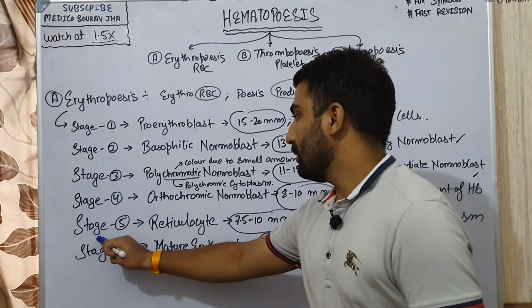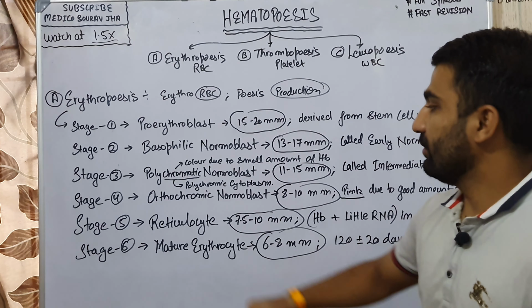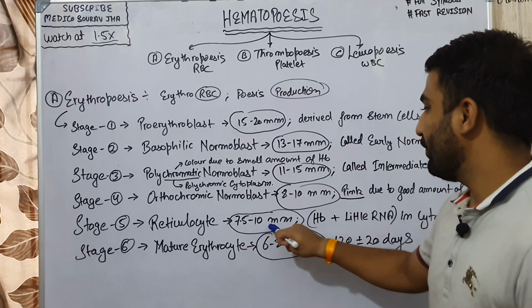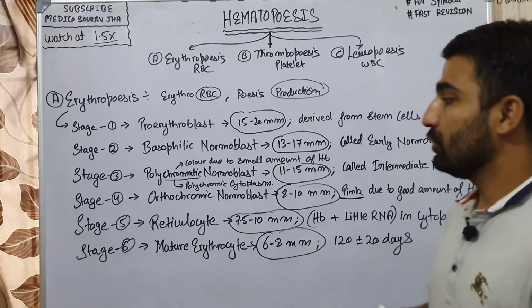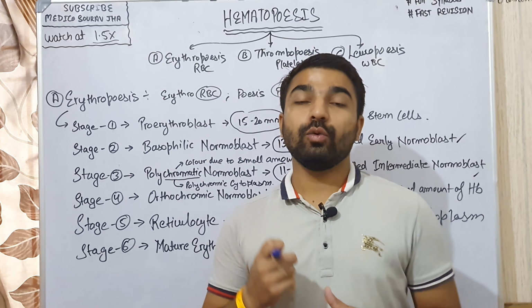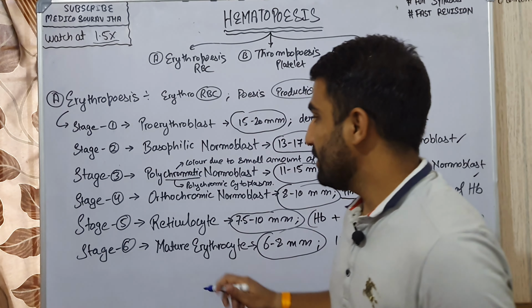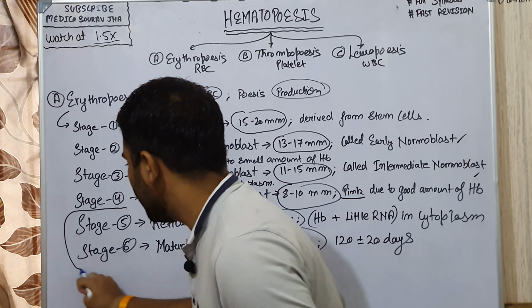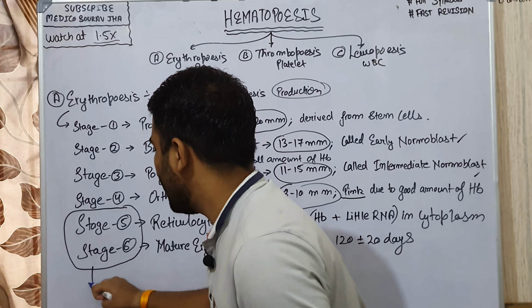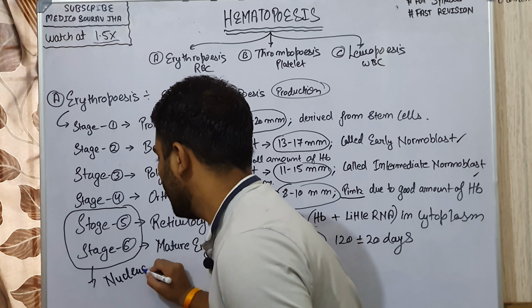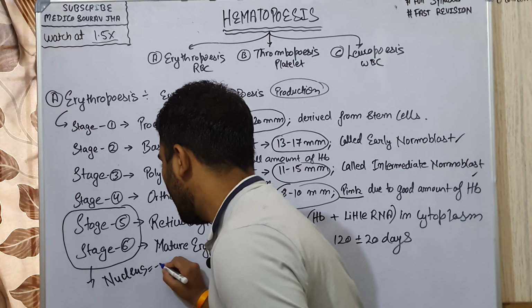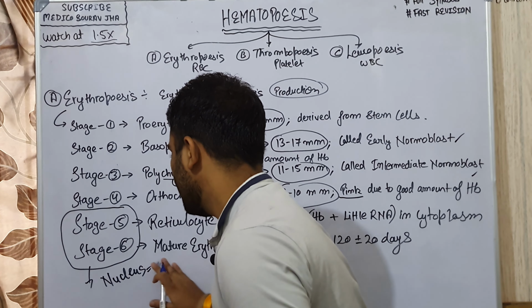Okay, so next stage is stage 5, reticulocyte, 7.5 to 10 millimeter in size. It is called reticulocyte. One point we have to keep attention on is that stage 5 and stage 6 do not have nucleus. Nucleus is absent.